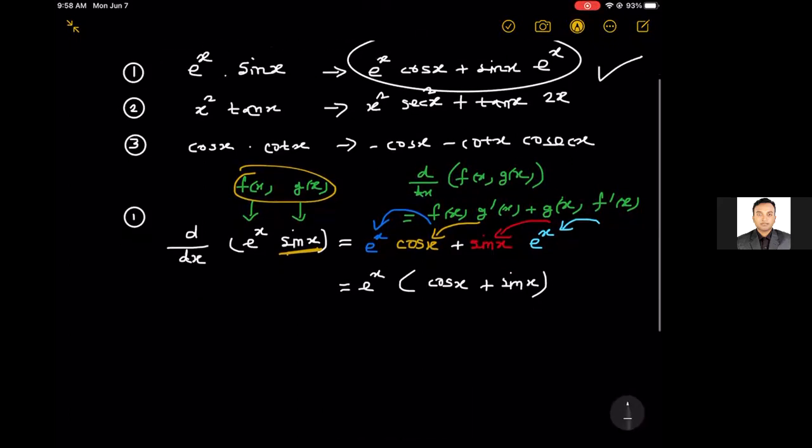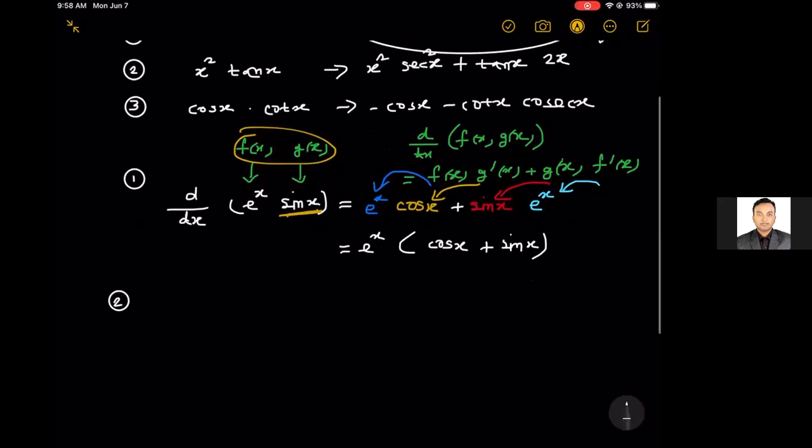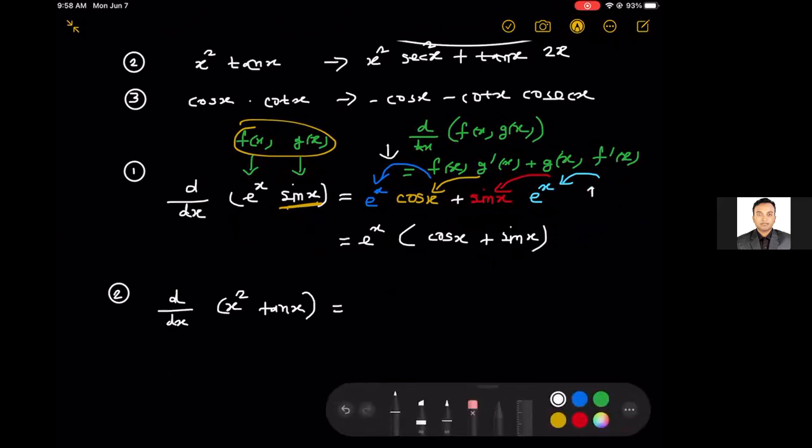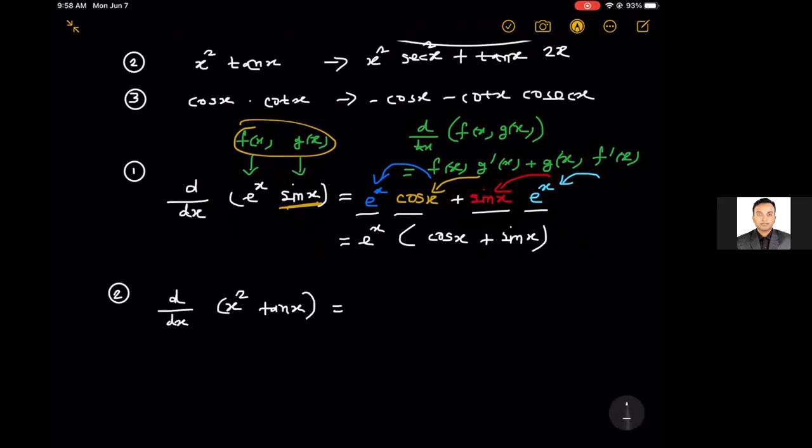Okay, let's try the other one. Number two, the derivative of x squared tangent of x. So now, instead of using these arrow signs, I'll be using the same colors which I have used here, so that it makes sense to you.